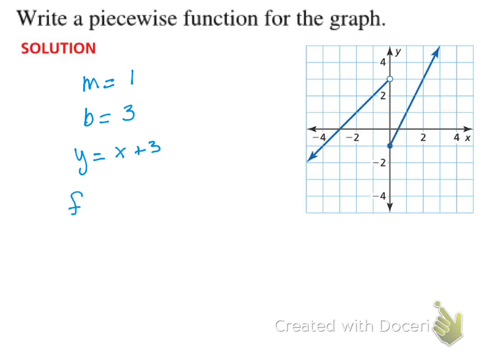But I'm going to write it, the f of x equals x plus 3, but now we have to write our restriction, comma, where x, what? What x's am I using for this line? Is less than, on the x-axis, 0. x is less than 0.